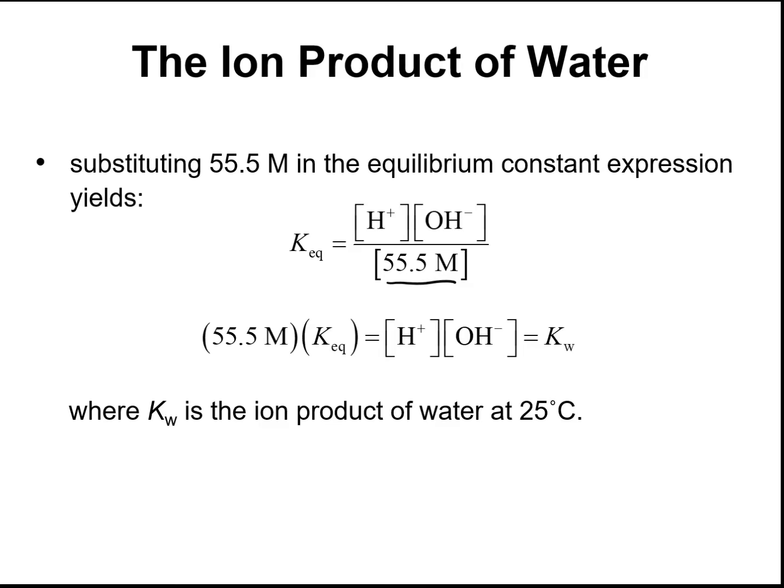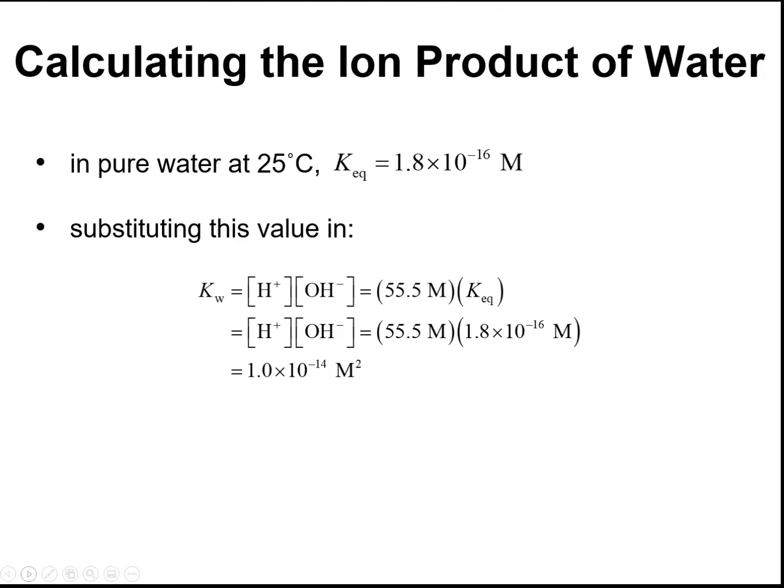The Kw, which we will be using, is the ion product of the concentration of the hydrogen ions and the hydroxide ions, and it's at 25 degrees Celsius. If you substitute in the equilibrium constant, then you can actually calculate the Kw.